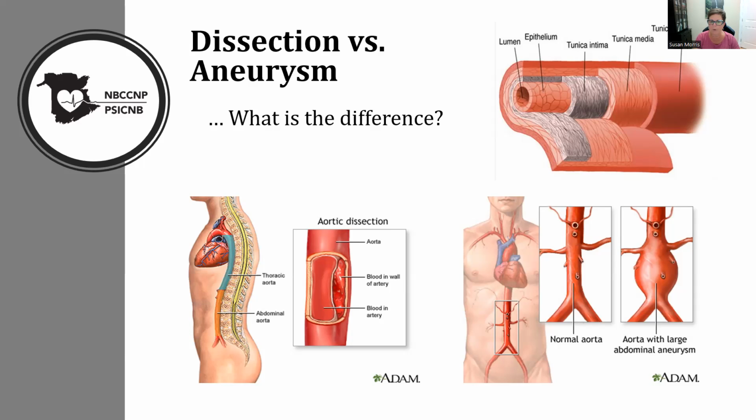But oftentimes people get confused between what is a dissection and what is an aneurysm. The big difference is an aneurysm involves all 3 layers of the arterial wall and it's an outpouching. Whereas a dissection, blood gets between the intima and the media because of a tear in the intima, and it will dissect the aorta upwards, downwards.